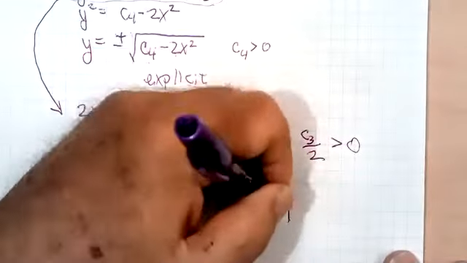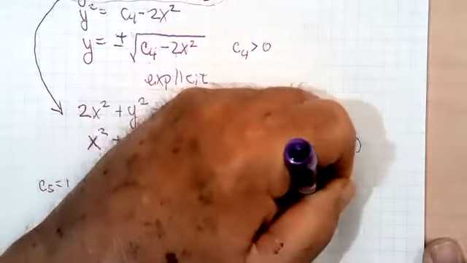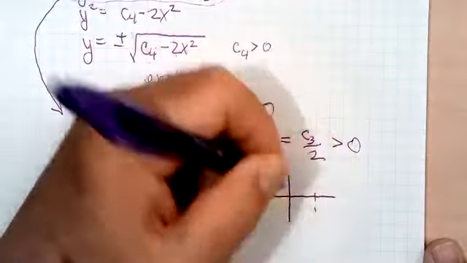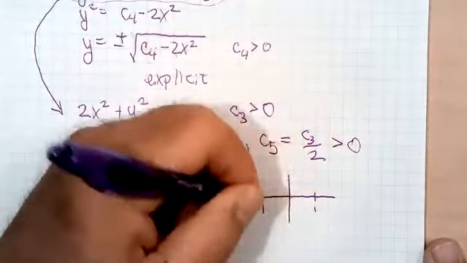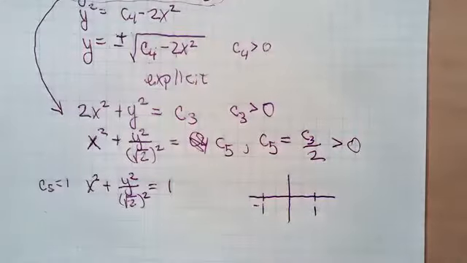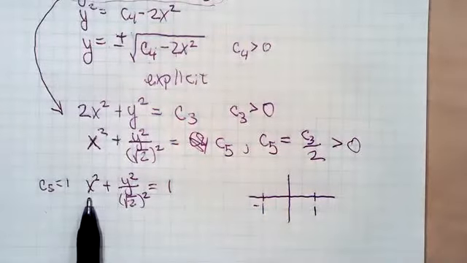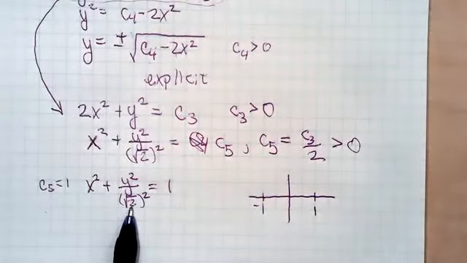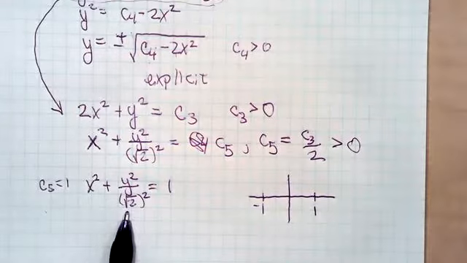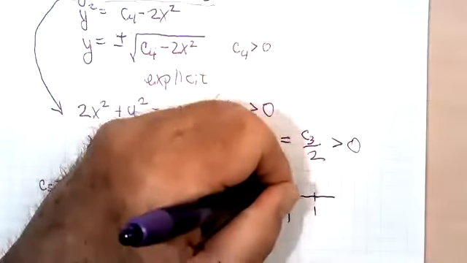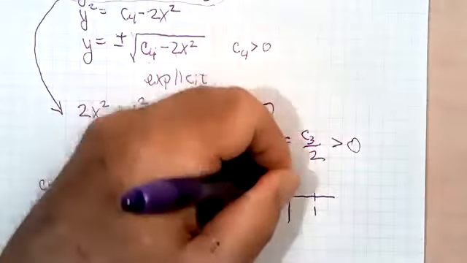So let's sketch this out a little bit. Let's say that's 1 unit right there. So plus and minus 1 right there. And if you set x equal to 0, then the y would be plus or minus root 2, which is 1.4. So that'd be up in here somewhere.